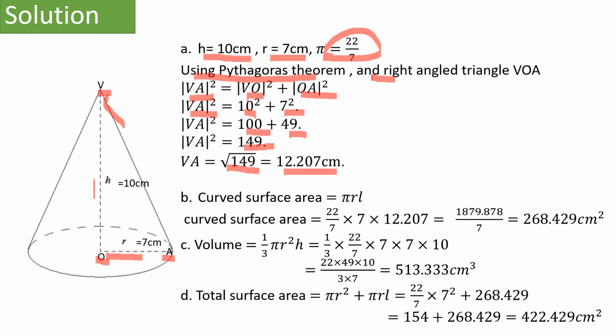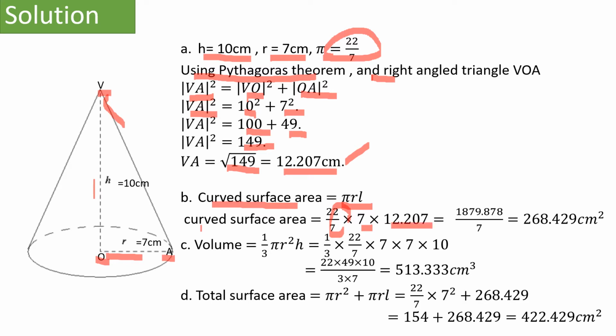So we come to the curved surface area of the cone, which is pi r L. So you now insert pi is 22/7, r is 7, L is the slant height that we obtained here, which is 12.207.